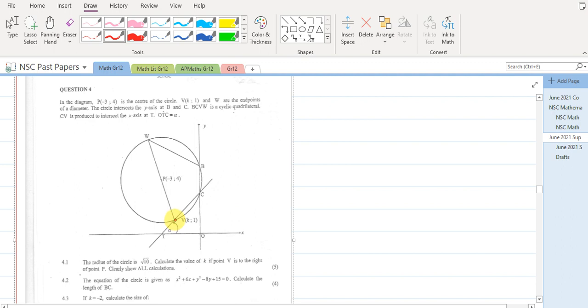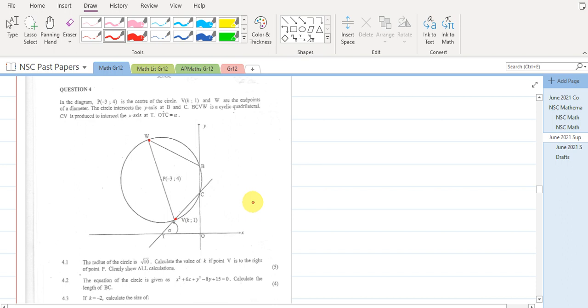In other words, the endpoint of the diameter, that point is V, which is K, 1. And W is the other point, in other words, it touches the circumference of the circle.